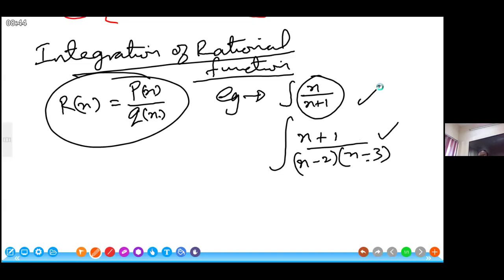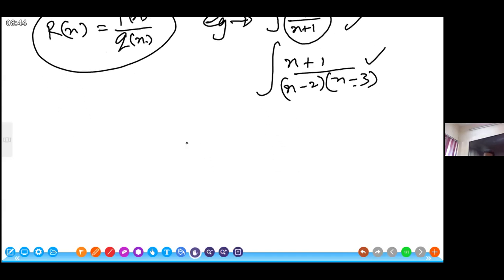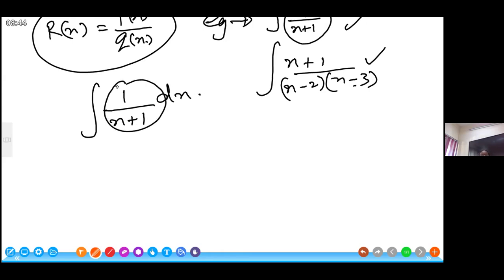So how to solve this kind of function? For example, integration of 1 over x plus 1 dx. This is a rational function. Can you remember? We did it earlier. So how can we integrate this function? Anyone? What is the answer for this?